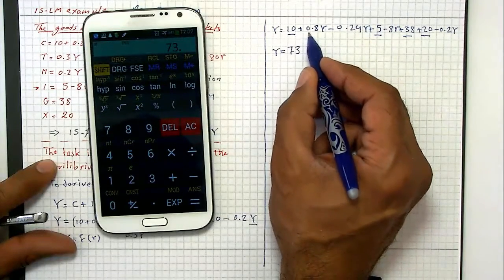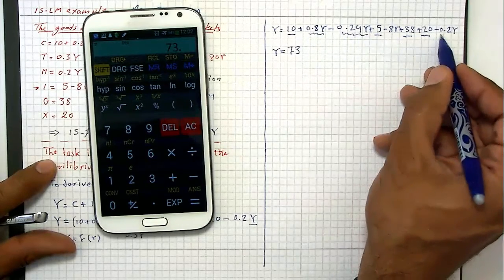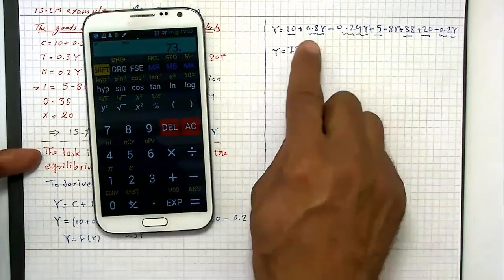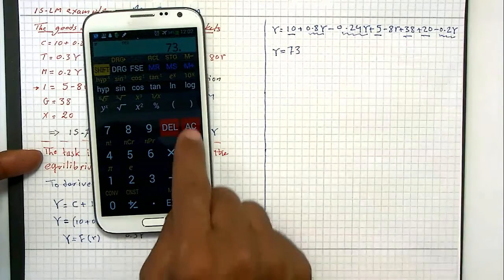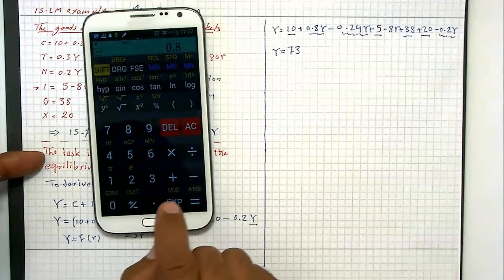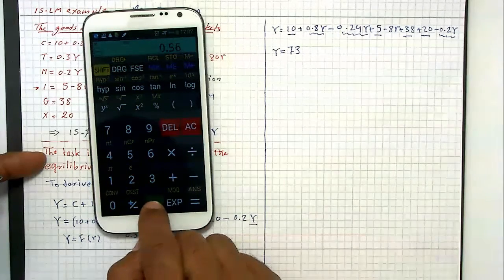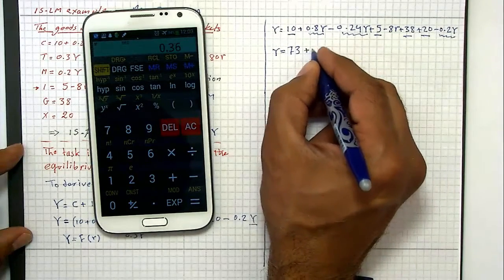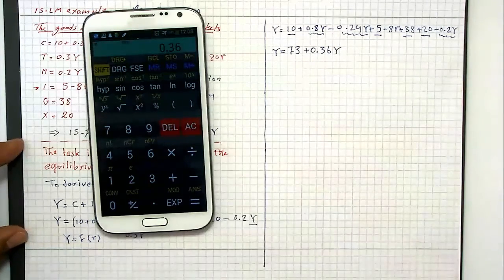Then I can add together terms including y. To add these together, you just add these coefficients first. So 0.8 minus 0.24 minus 0.20 equals plus 0.36, and then you put y.